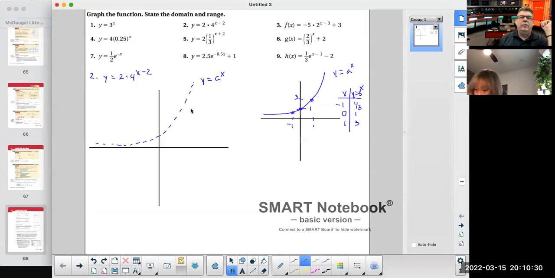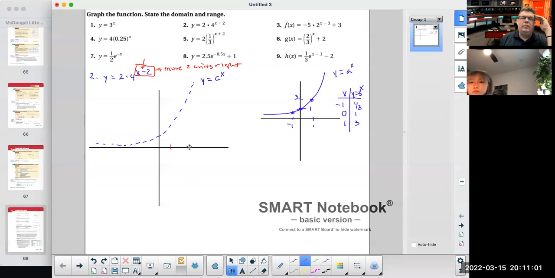Well, the x minus 2, since the minus 2 is with the x, is going to move the graph 2 units to the right. It's always the opposite sign when it's with the x. Since it's minus, all the points are going to move 2 units to the right.